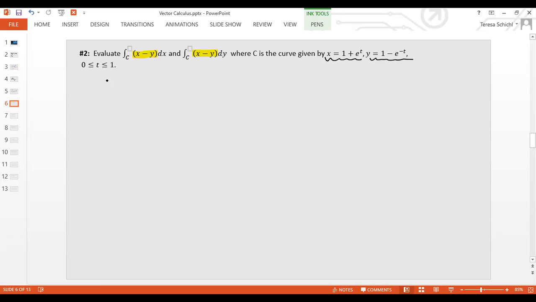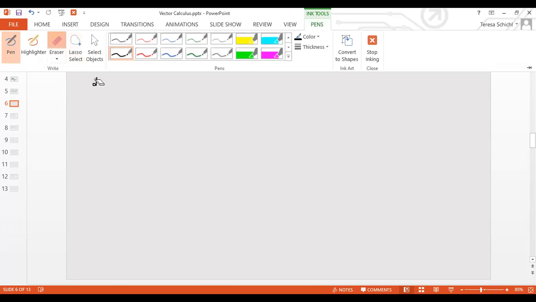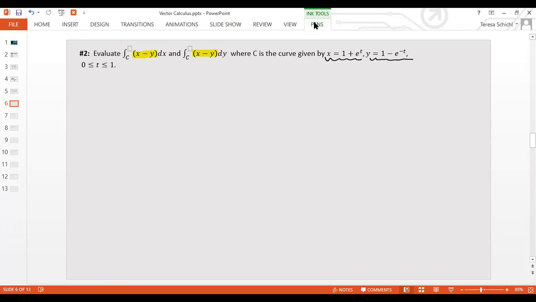So let's take a look here. The first thing: what is x prime of t? x prime of t is e^t, right? And then y prime of t is negative e to the negative t, right?